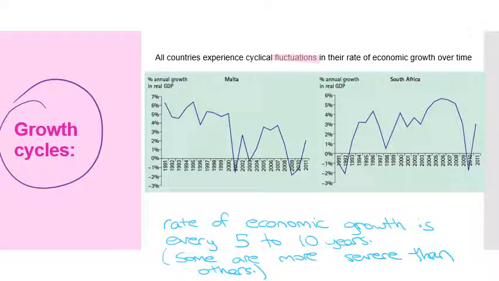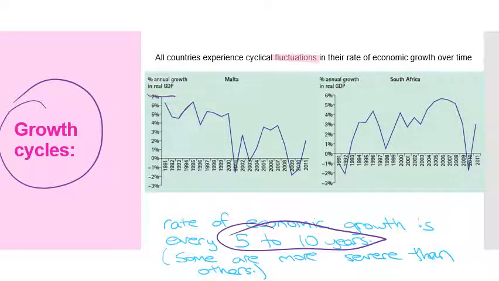So the rate of economic growth is every 5 to 10 years. Some are more severe than others, and if the rate of economic growth is decreasing, we said it would be considered a recession, but if it lasts for so many years, then it will become a depression or a slump. So here we're measuring the annual growth in real GDP.